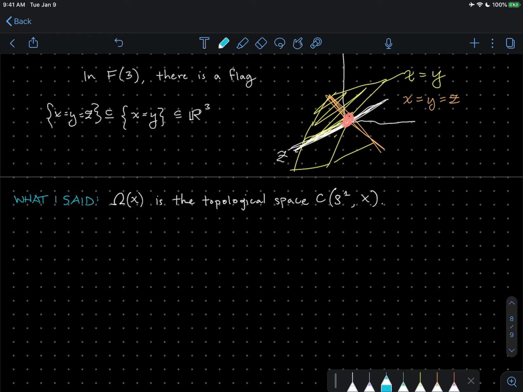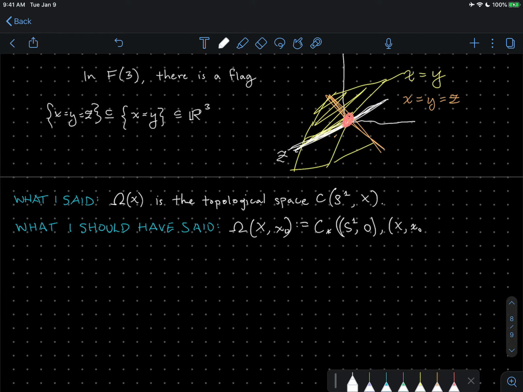There is a thing that is maps from the circle into X. What I should have said is that omega of the pointed space (X, x0) is equal to the space of pointed maps from S1, pointed at, say, 0, into X pointed at little x0.